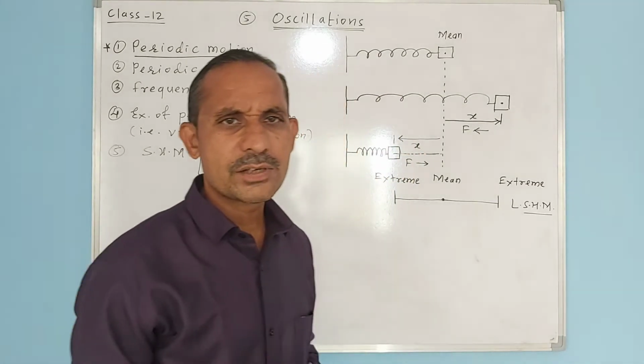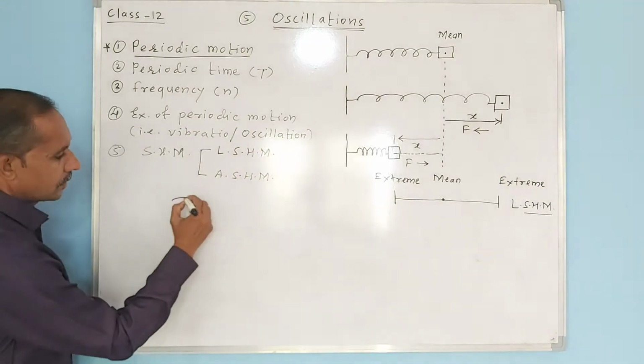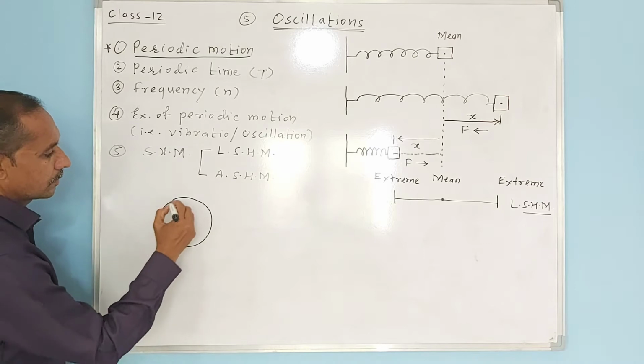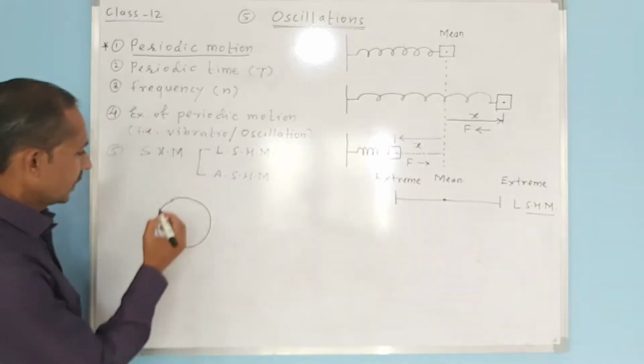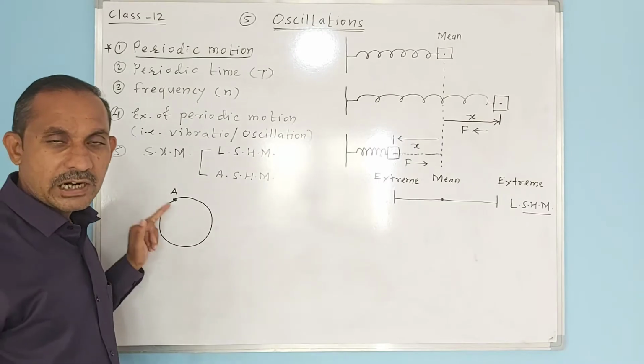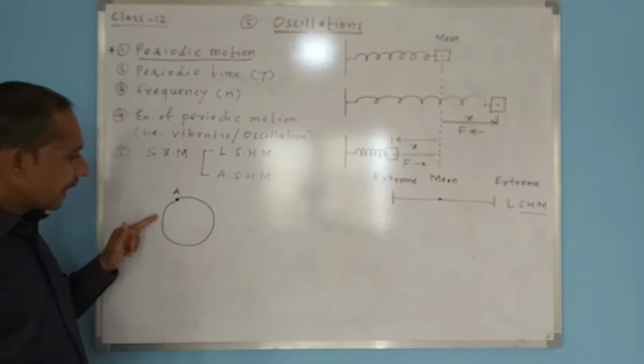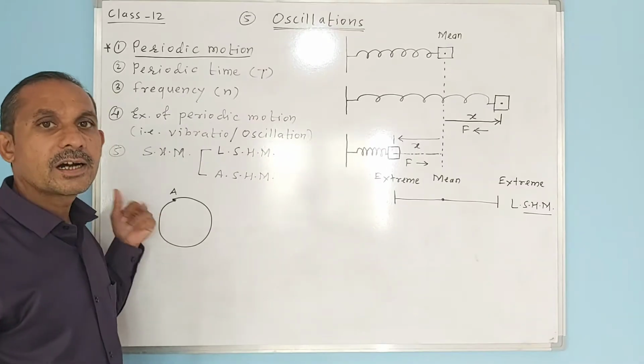Last time we have seen circular motion. This is a circular motion. The body A starts its motion from this position and comes back to the position A again.